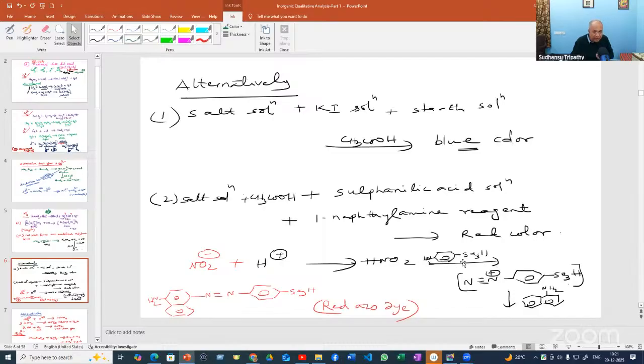So in the beginning, nitrite salt with dilute acid, acetic acid is there, so it will produce HNO2. HNO2 is unstable, no doubt, but immediately it will form a diazonium salt, para-sulfonic acid diazonium salt.